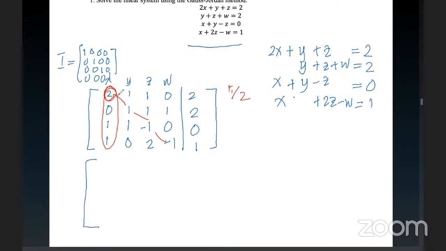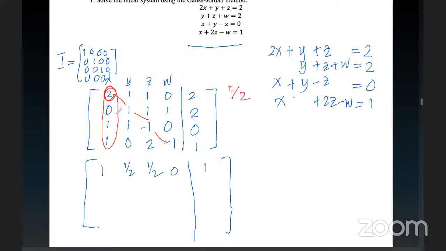And dividing each element dun sa row 1 by 2 para maging 1 siya. So 2 divided by 2, 1. 1 divided by 2 is 1/2. And then itong nasa column 3, 1/2 din. 0 divided by 2 is still 0. And 2 divided by 2 is 1.